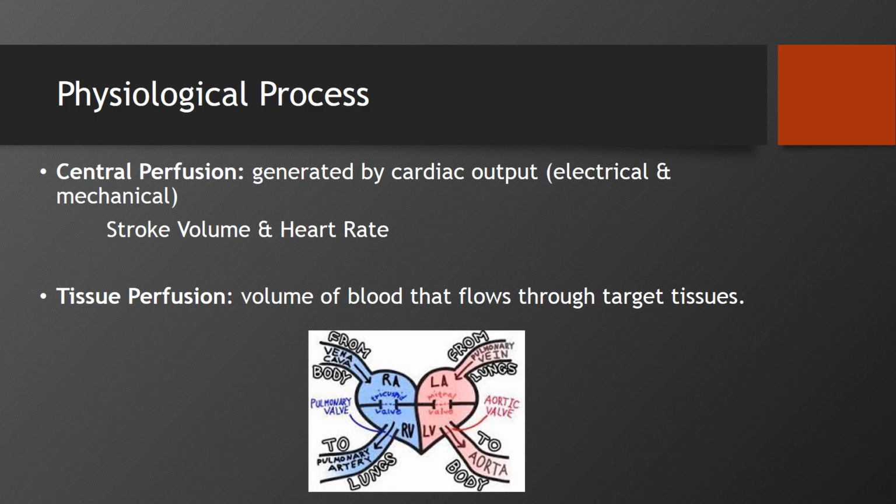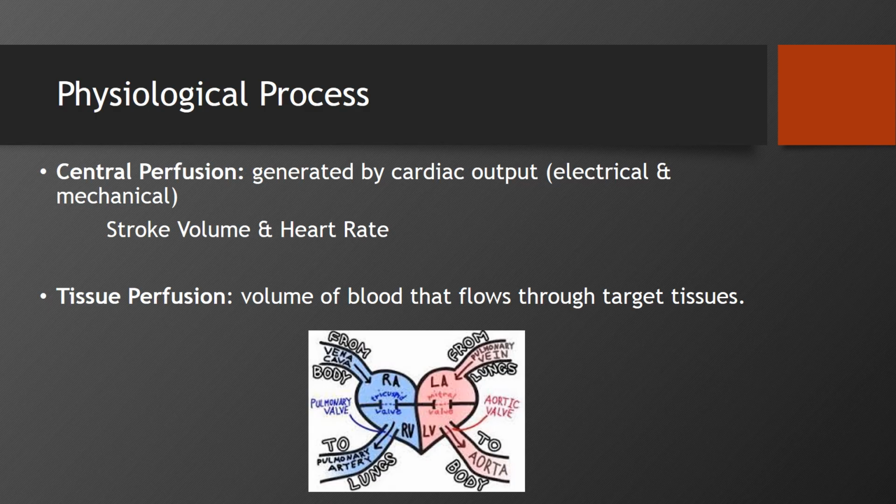These may or may not be terms that you have heard before, but stroke volume is basically how much your ventricles are able to pump out and how much blood is left behind after the contraction is done.